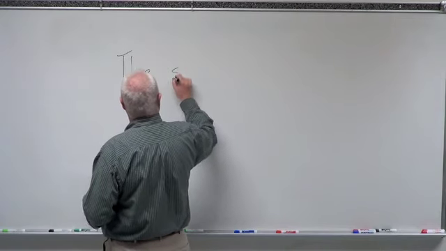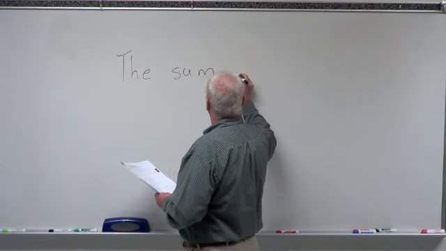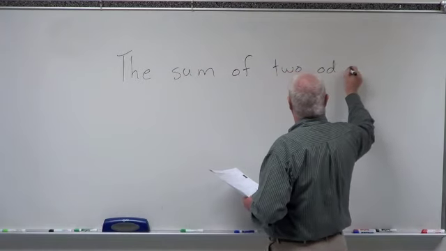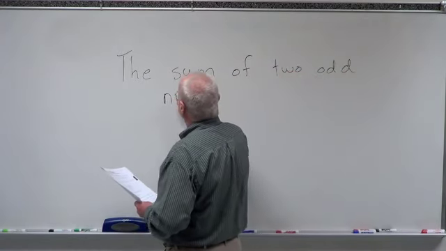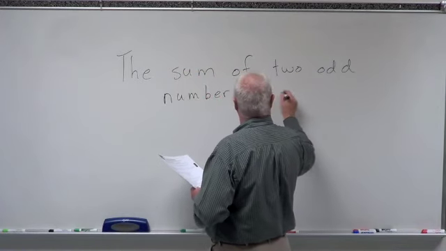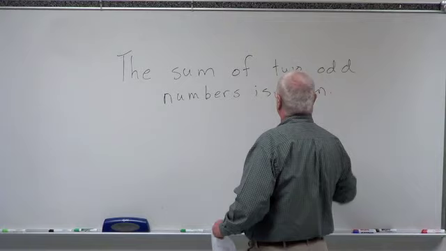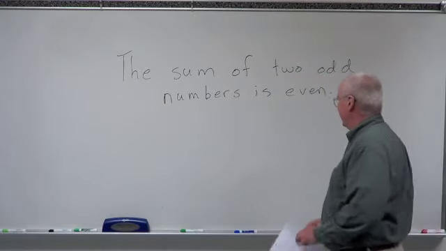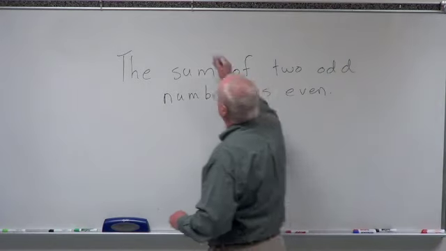Here's our conjecture. The sum of 2 odd numbers is even. Okay? The sum of 2 odd numbers is even. This is our conjecture.